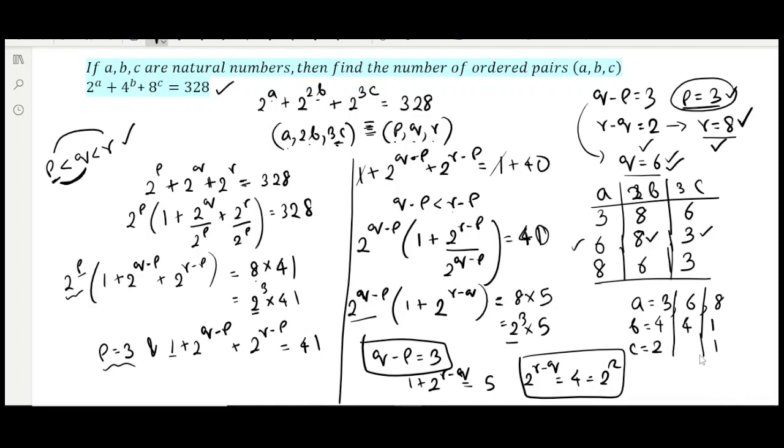If a is equal to 8, then b will become 3, and c will become 1. And when a is equated to 3, b will become 4, and c will become 2. Correct? Sorry, c will become 1. Sorry.